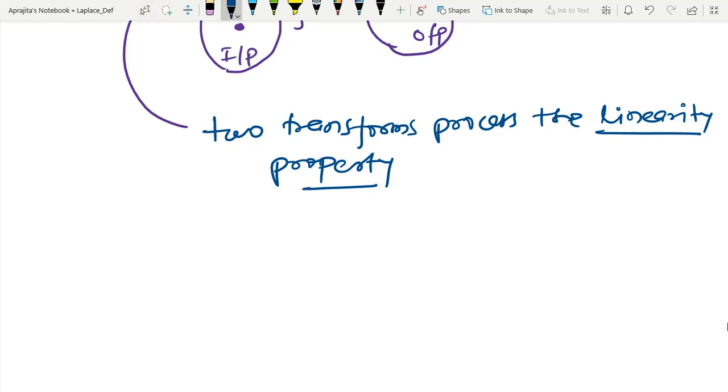And if you see, suppose that I have some function f(x), and alpha times I am going to scale that function.